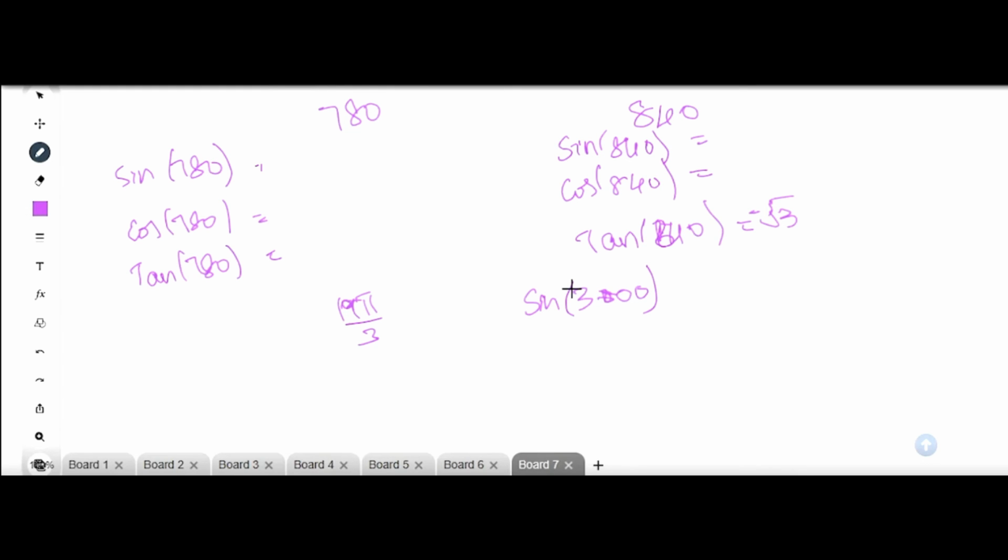And so it gave me 120, and sine 120 is root 3 over 2. And cos 120 is negative 1 over 2. And tangent 120 is negative root 3. Right?